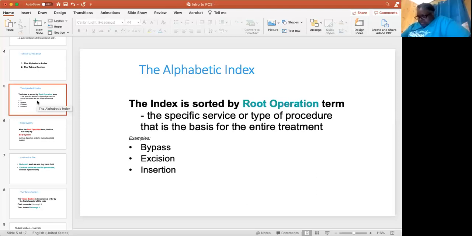Yes, ma'am. So we know that it's a root operation term, but it's only a root operation term in the imaging section, whereas replacement and removal are root operation terms in the surgical section.